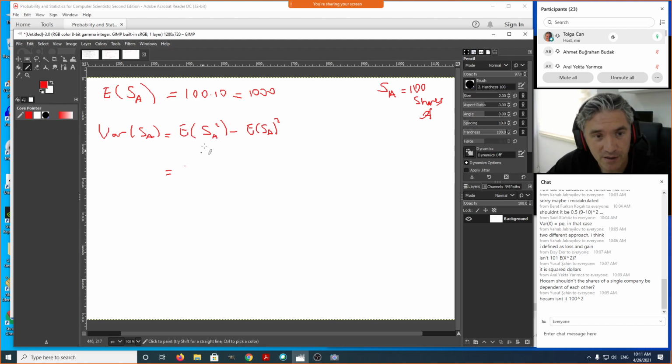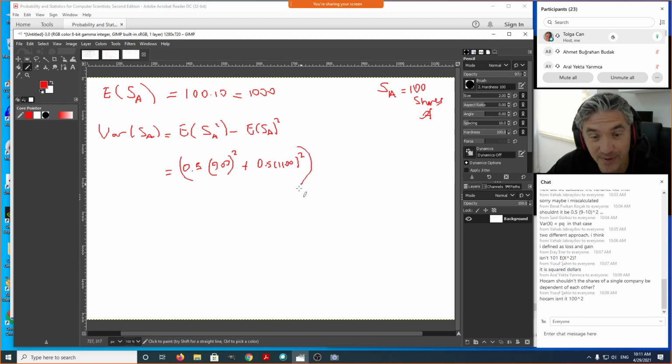So the expected value of SA squared is going to be 0.5, if you lose, each of these 100 shares loses, so you're going to have 900 squared, plus 0.5 times 1100 squared. So this is the final correct approach.